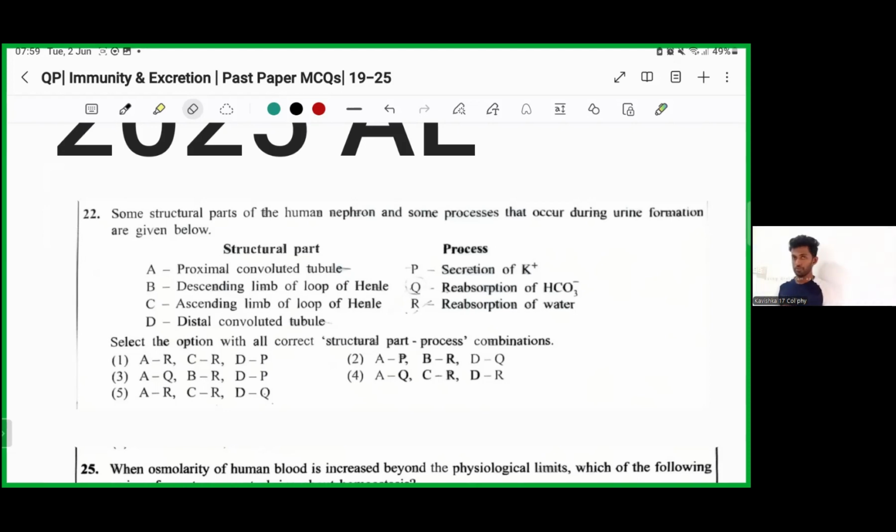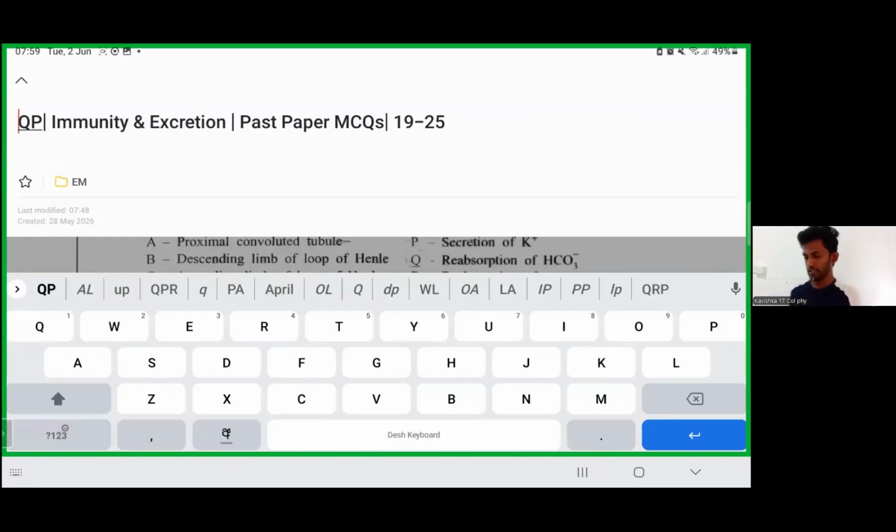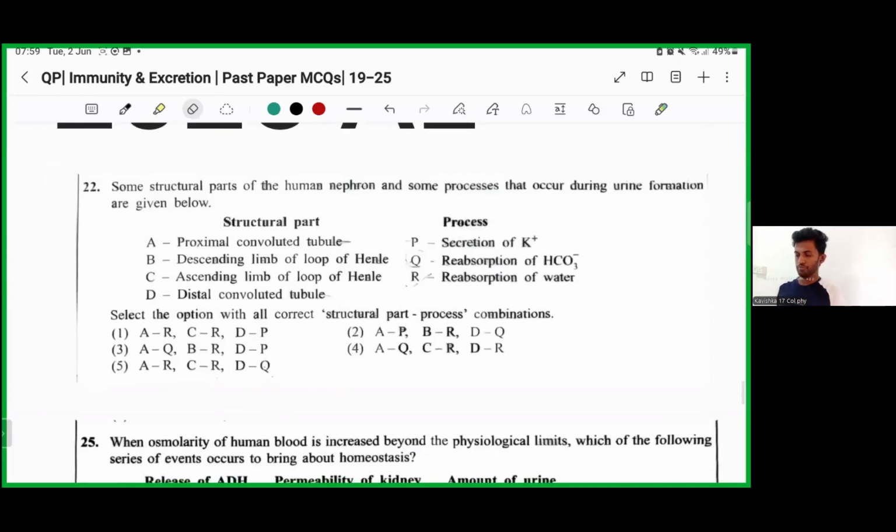D, distal convoluted tubule. The distal convoluted tubule is special to remember for secretion of potassium plus. Secretion of potassium plus is really important. I think you are familiar with this, but if not, just read page number 230. There they mention: the distal tubule also contributes to pH regulation by controlled secretion of H plus and reabsorption of bicarbonate.